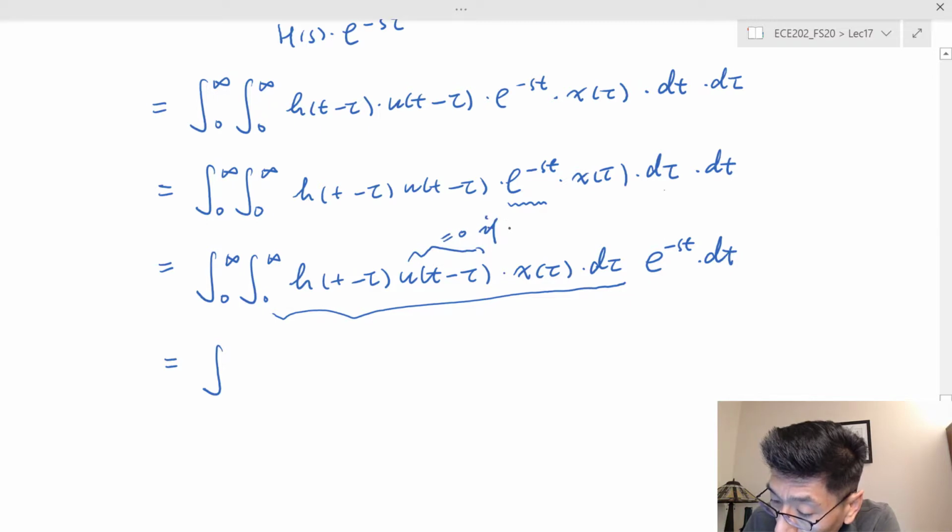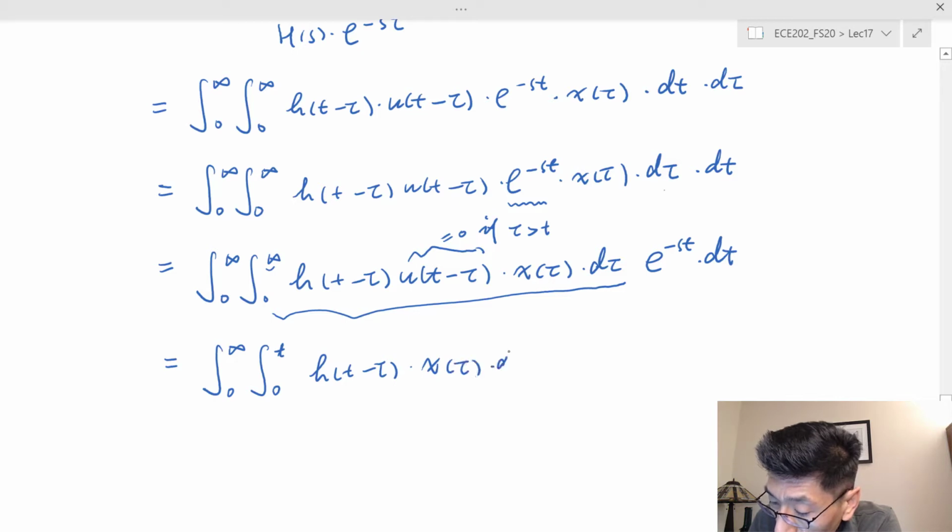So for the upper limit, I don't have to integrate all the way to infinity. Instead, I put the upper limit as t. In the interval from 0 to t, u(t − τ) is equal to 1, so I can just drop it: h(t − τ) x(τ) dτ. This is the inner integral, times e^(−st) dt.